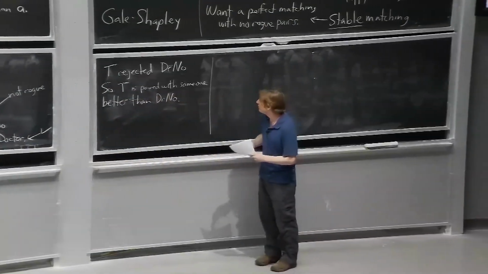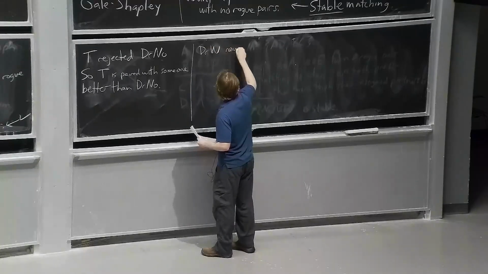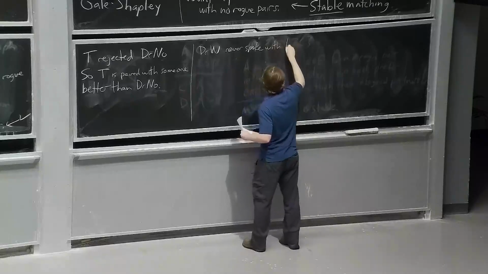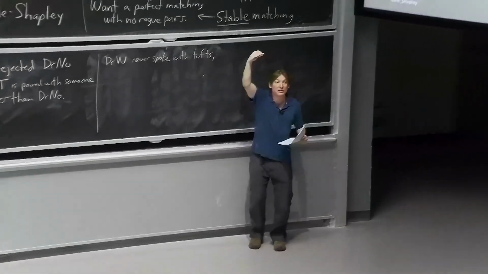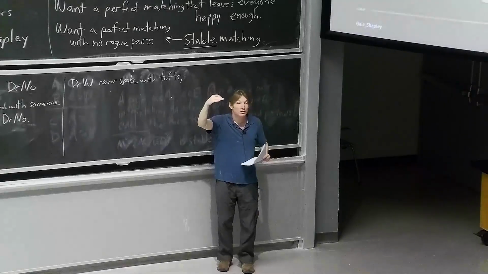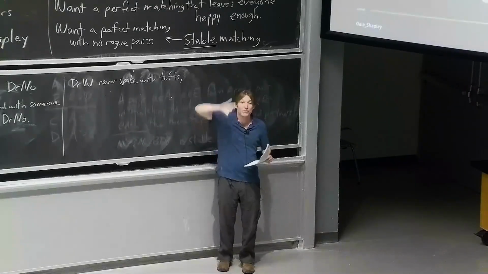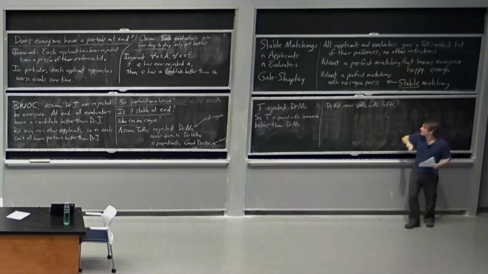And since Dr. Who never spoke with Tufts, well, remember what the applicants are doing. They're going down their list from the top. And since they stopped before they got to Tufts, wherever they stopped, they like better than they like Tufts.